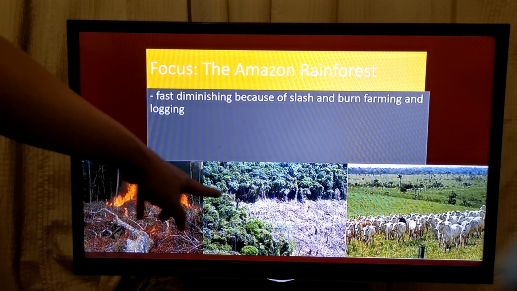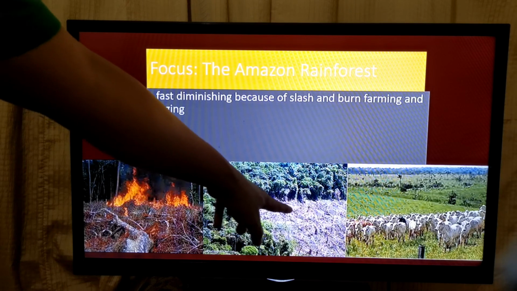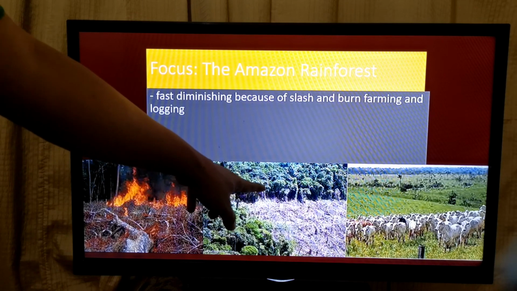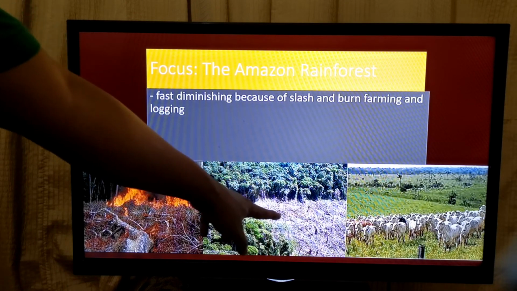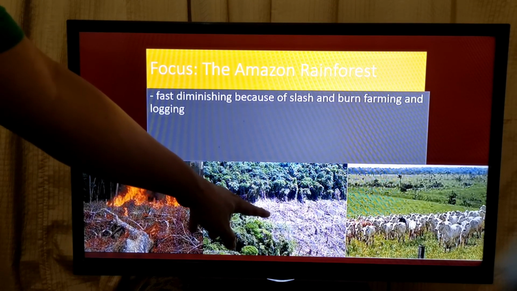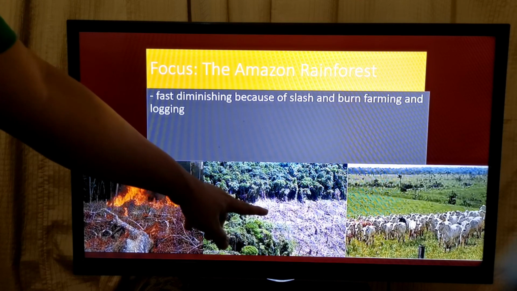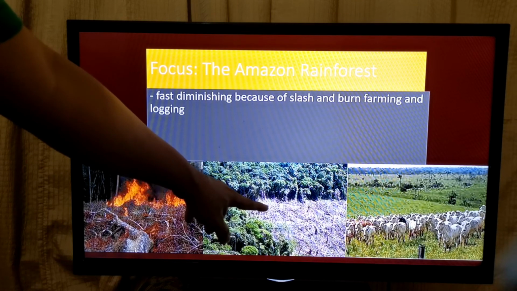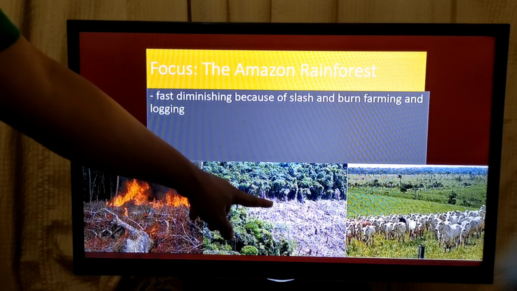Why? Because when the smoke clears, the trees would be dead, and the area that was burned would be growing grass.